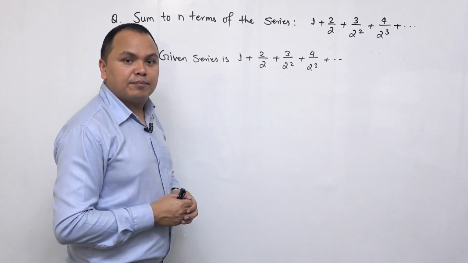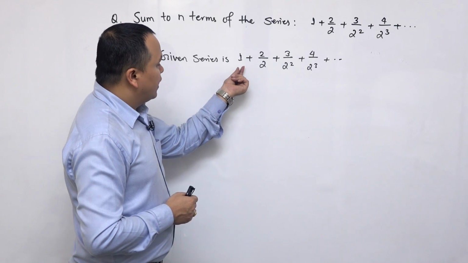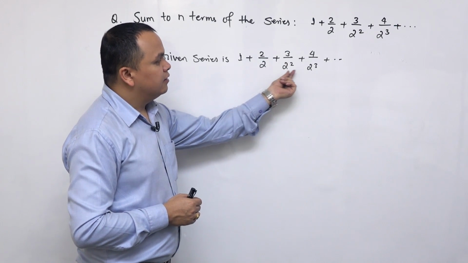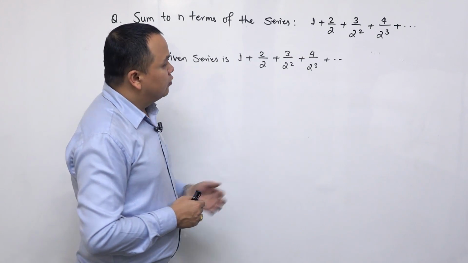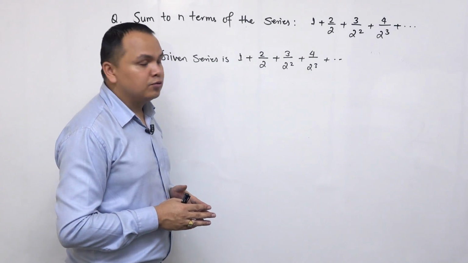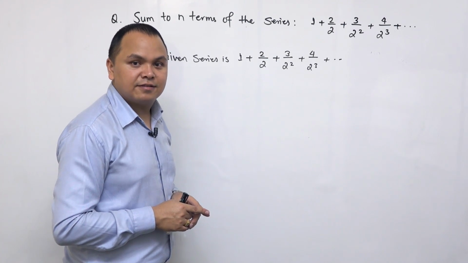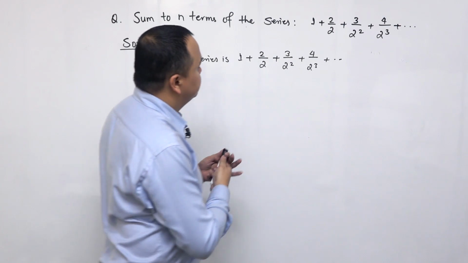Similarly, in the denominator part, if we take 1, 2, 2 square, 2 cube, these are in GP. So the given series is an arithmetico-geometric series, which is an AG series.